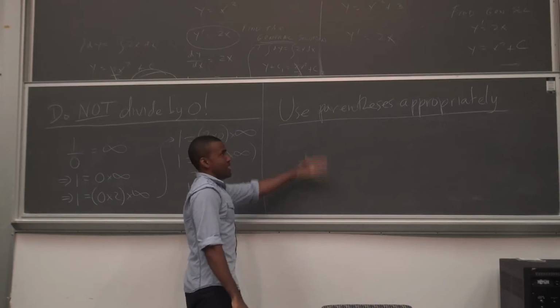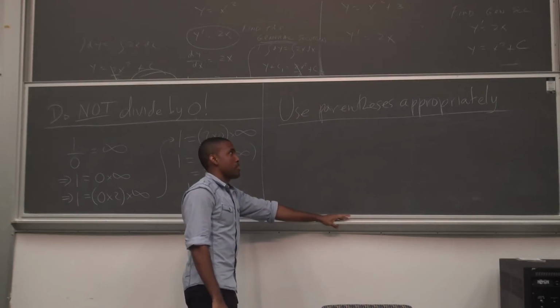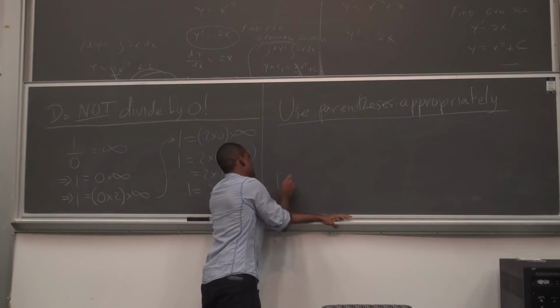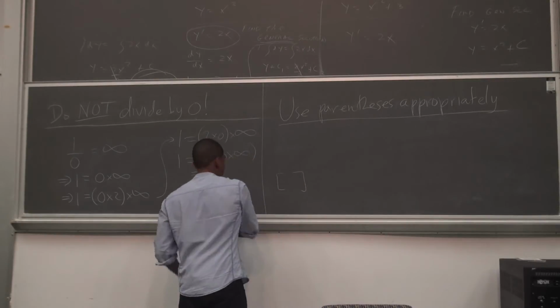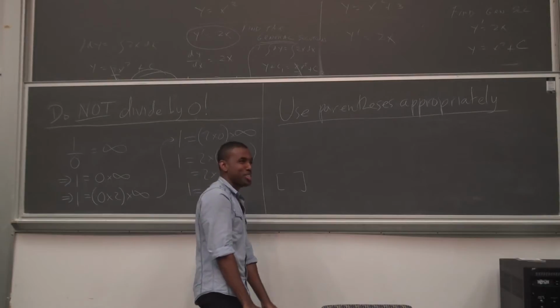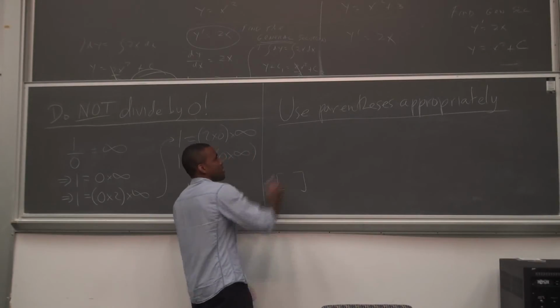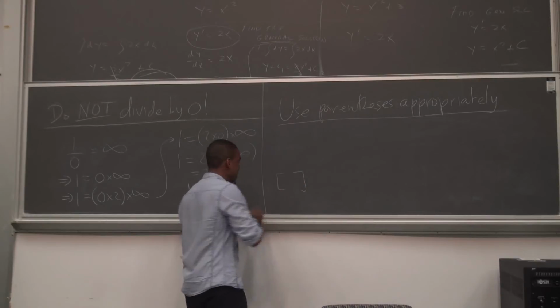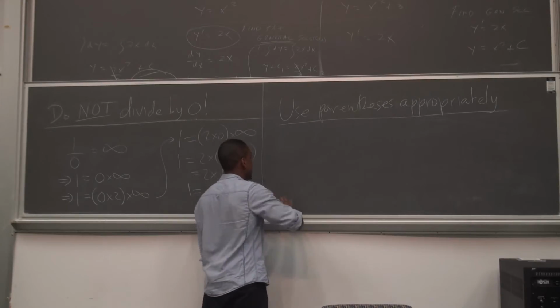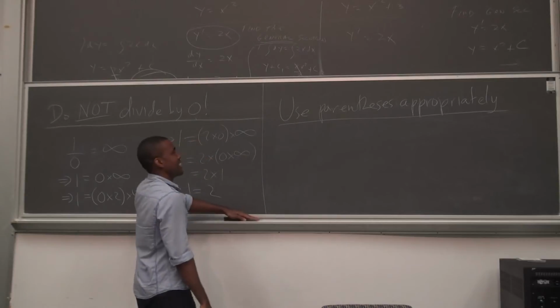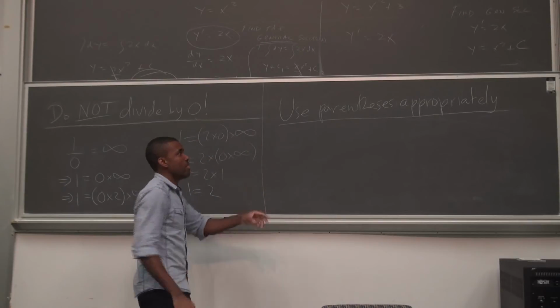Colloquially, where I'm from, we don't say parentheses, we call it brackets. But here, brackets means something else. There's always that grammar master professor saying, no, brackets, parentheses, come on. So if I refer to that as brackets, don't freak out. It's a parenthesis. All right, use parentheses appropriately.